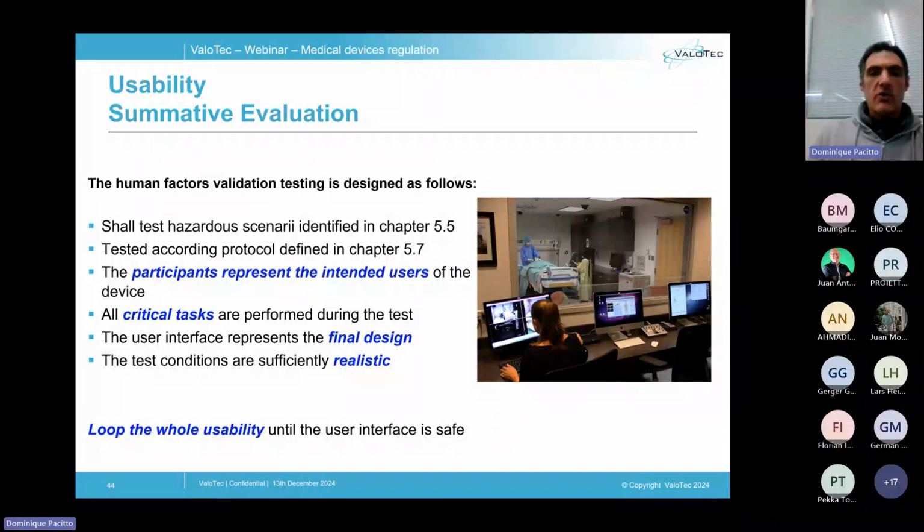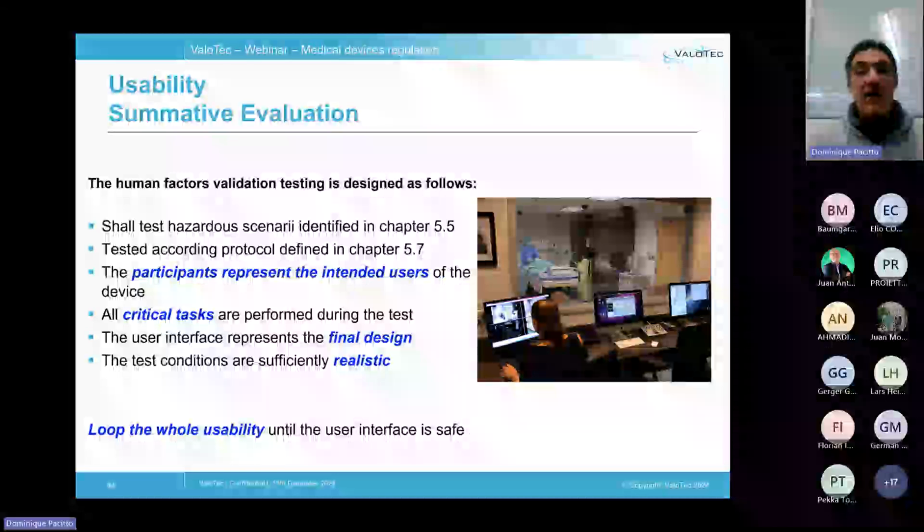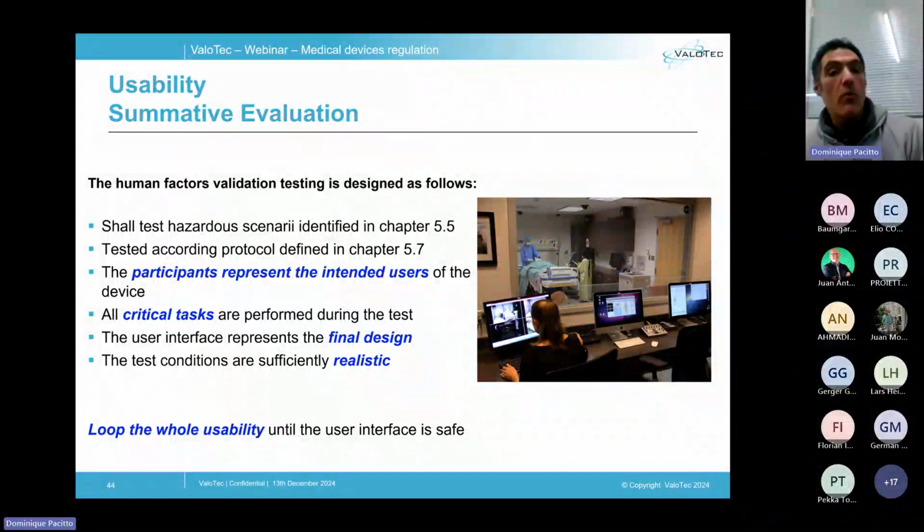Clause 5.9 describes summative evaluations that should be performed to test all the hazardous scenarios identified in clause 5.5, using the test protocol defined in 5.7. Unlike the formative test, this summative evaluation is focused on the risks and should be performed using the final design in the most realistic conditions possible.